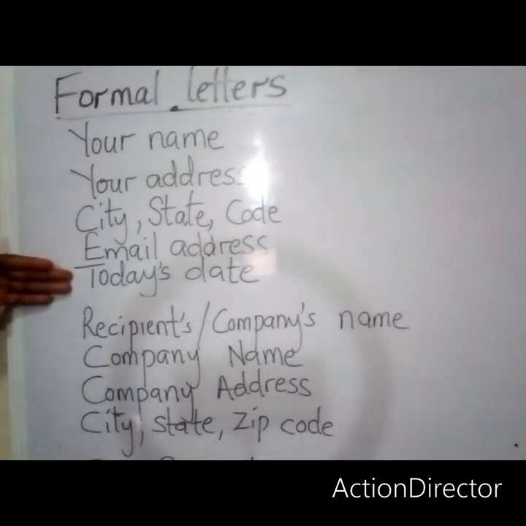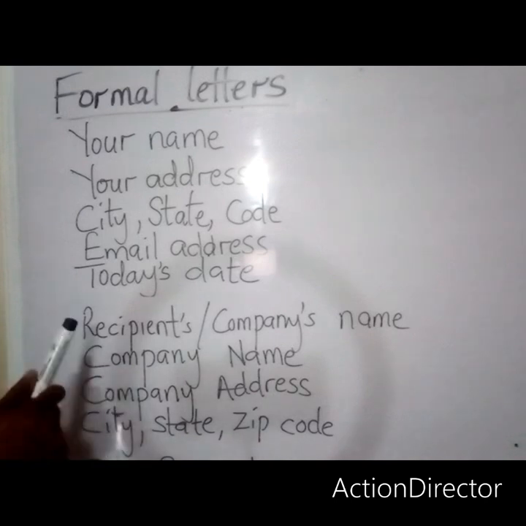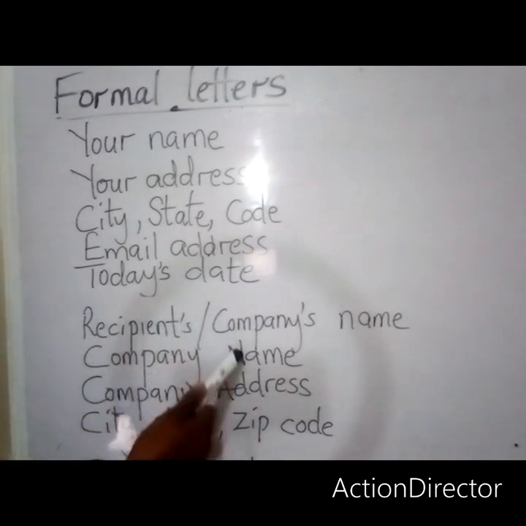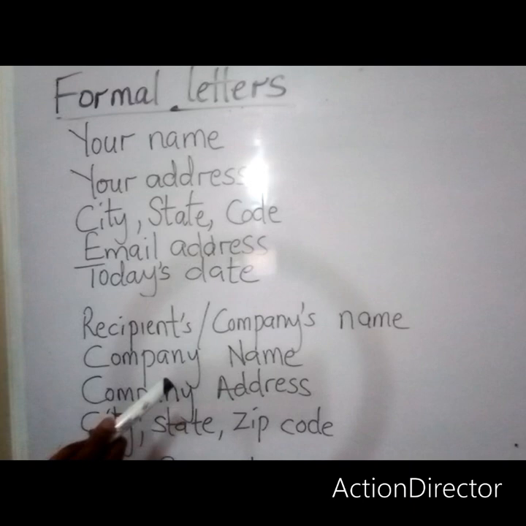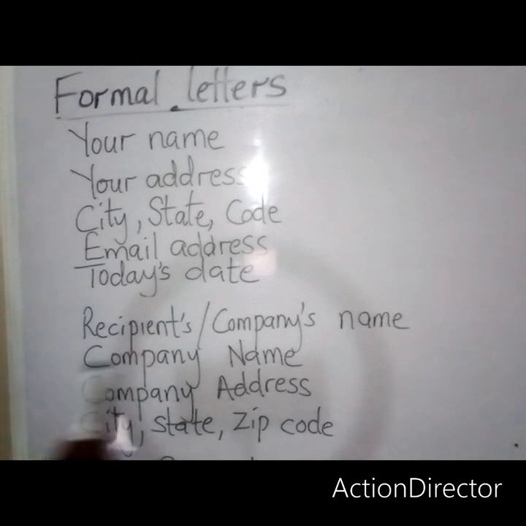So the first part is your own information, leave a little gap, and you give the company's or the recipient's information. So you write the recipient's name, if it's a person you're addressing it to, or the company's name, if it's a company you're addressing it to. And then if it's a person, the next line should be the company's name. After that, the company's address.